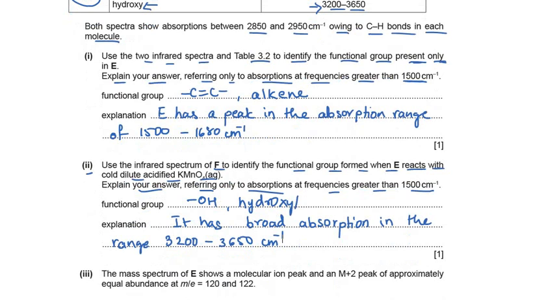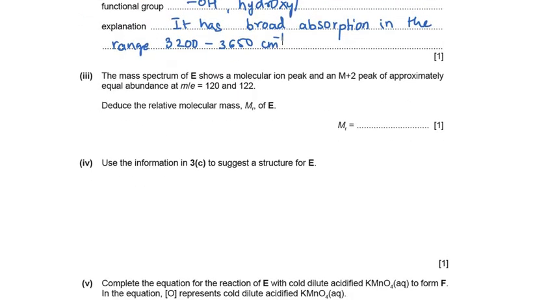Okay, let's see the next question here. It says the mass spectrum of E shows a molecular ion peak and an M+2 peak of approximately equal abundance at m/e ratio of 120 and 122. Deduce the relative molecular mass Mr of E. Now understand the question again.